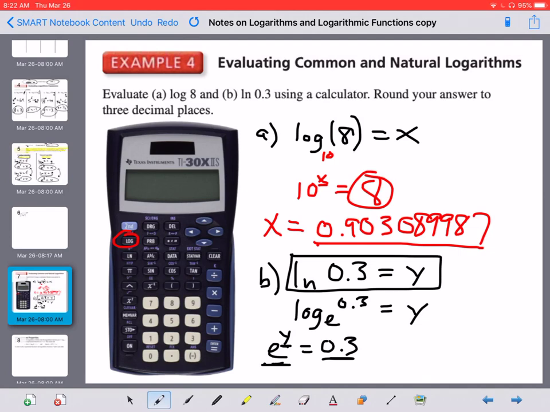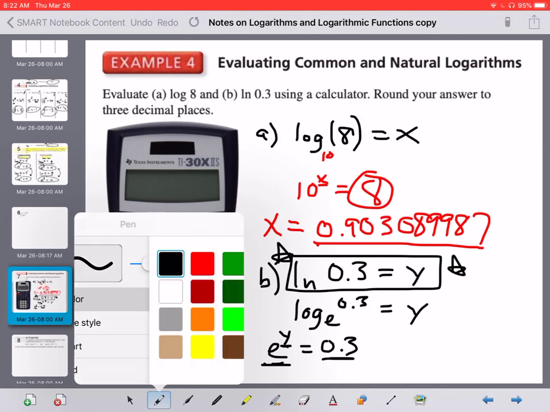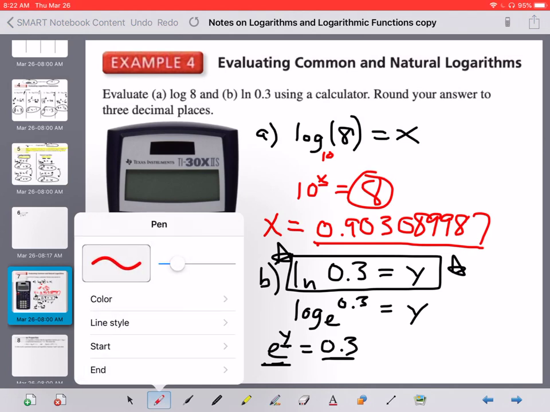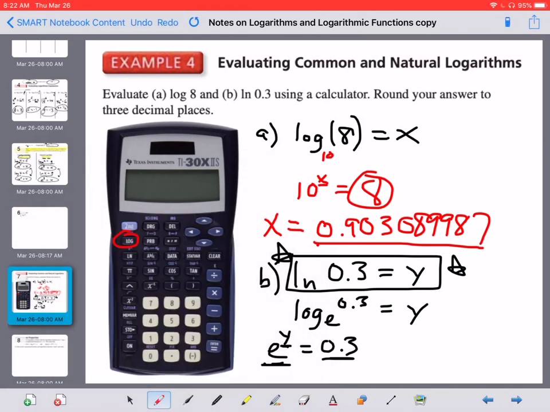So literally in your calculator, we're typing in natural log of 0.3. You might actually already see that button on your calculator. It is right below the log button, right there, ln.